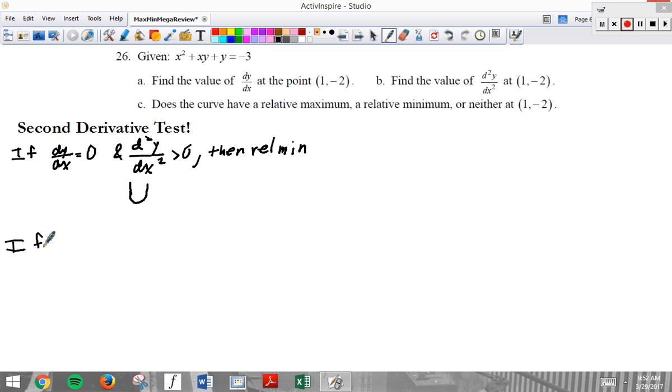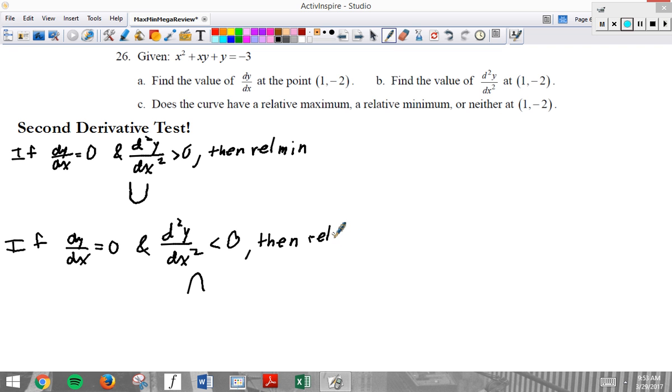If the first derivative is 0 and the second derivative is negative, we're talking about concave down, then rel max. If dy dx is not 0, neither.